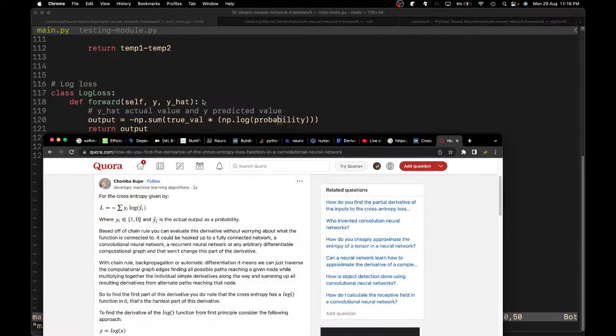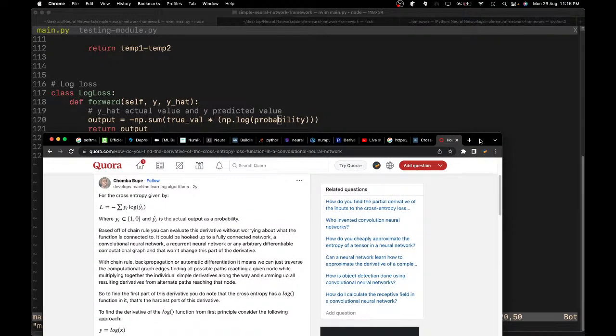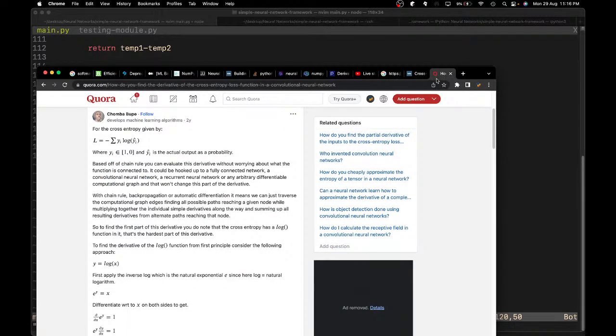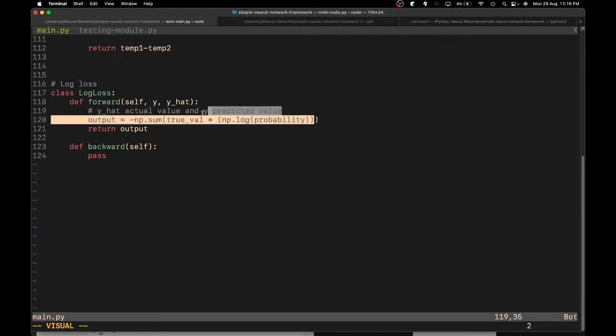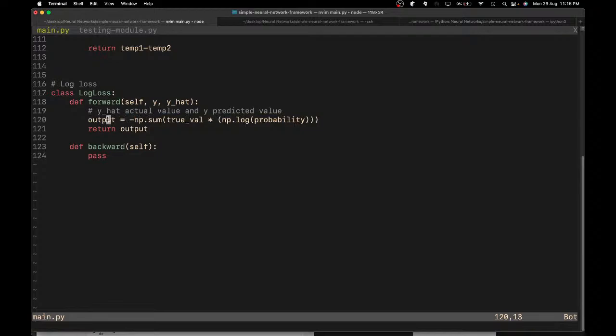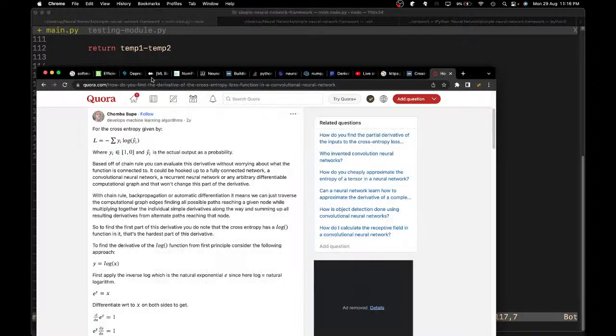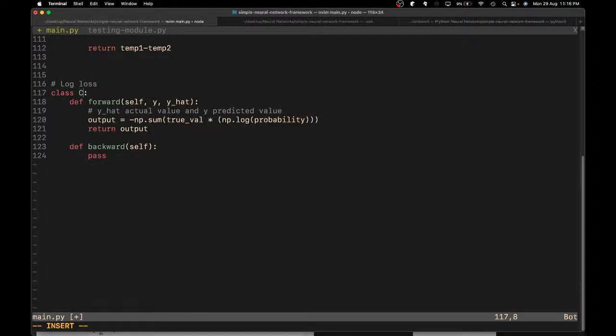So it should be... all right, now this doesn't make any sense, because in the article we had the probability in the log. In this one we have the true value in the log. That is obviously two entirely different loss functions. Also, I think I can just rename it if it is cross entropy.